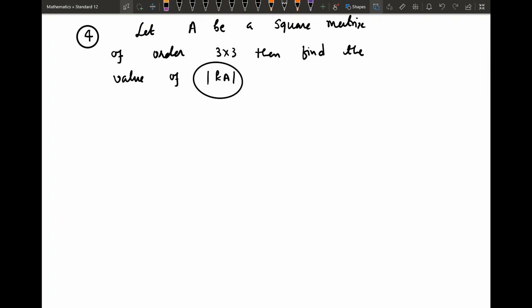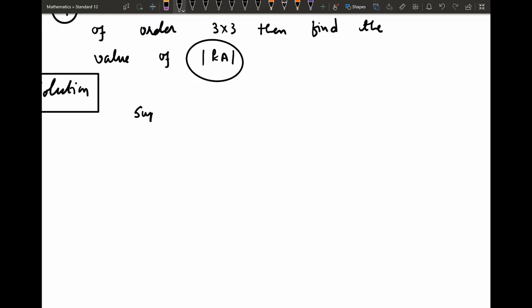So the solution is very easy. We are given A is any 3 by 3 square matrix. So we suppose A equal to, we take any 3 by 3 matrix, A1, B1, C1, A2, B2, C2, A3, B3, C3.